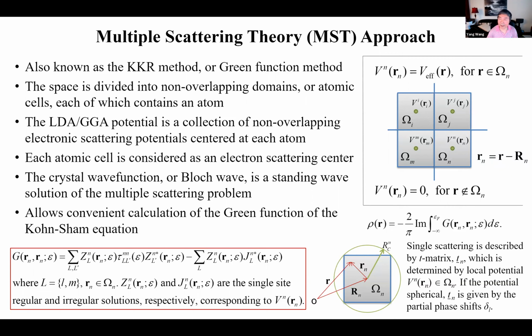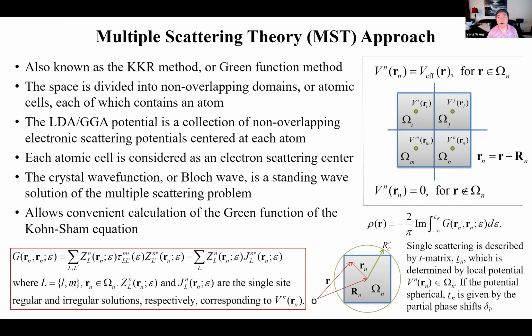So this KKR method is the one and only exact solution for the Kohn-Sham equation. It's essentially an exact method. It's all electron, so it's not a pseudopotential. Numerically you have to implement different numerical techniques, but from the theoretical point of view, it's the only exact method.